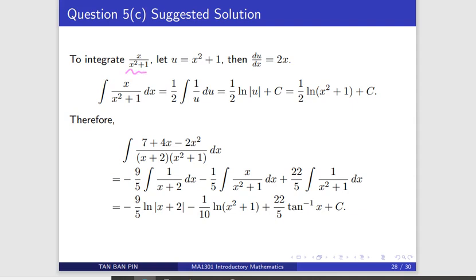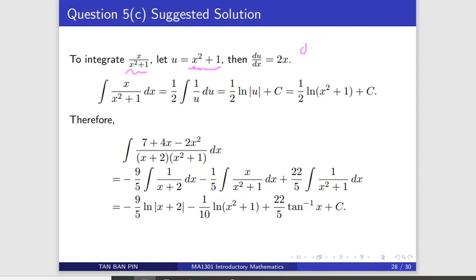To integrate x over x squared plus 1, you need to do a substitution. You can check that if you differentiate x squared, you get 2x, right? So which means you should let u be x squared plus 1. If you let u be x squared plus 1, then du/dx will be just 2x.